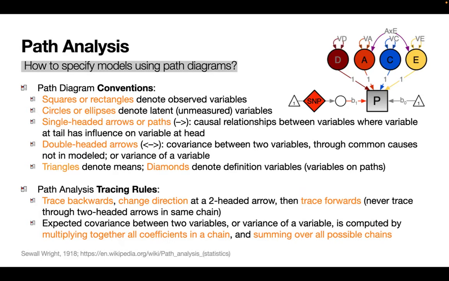In other words, you can't go back and forth through a two-headed arrow. How do we then get the expected covariance between two variables? Or get the expected variance of a variable? We do that by multiplying together all the coefficients that we can walk in a chain and summing over all possible chains. We will provide an example of this in the practical during the workshop.